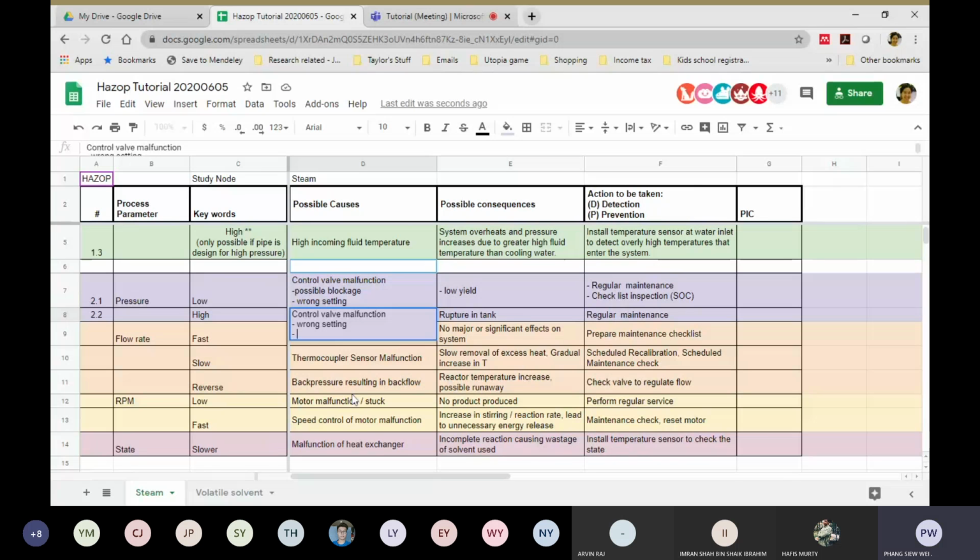So control valve, I think it's not control valve malfunction. This one should be pressure regulator malfunction. High pressure, yeah, that will cause this. Wrong setting. What else can possibly cause it? So if we trace back to the steam reformer, is there anything from there that can possibly cause high pressure?